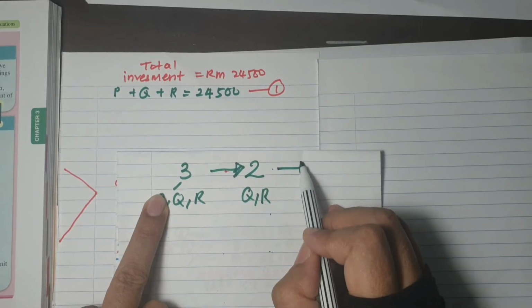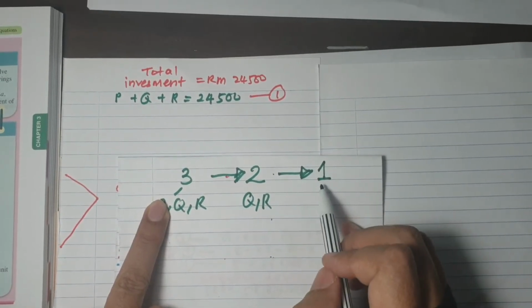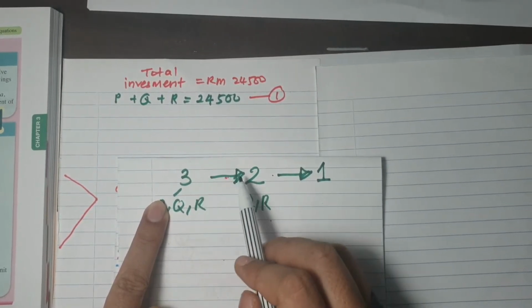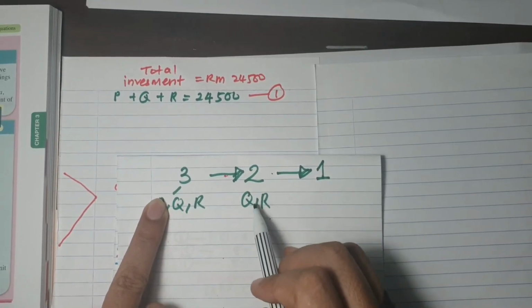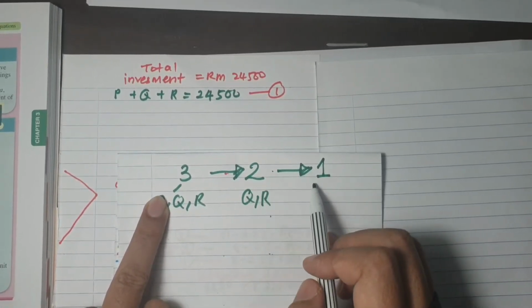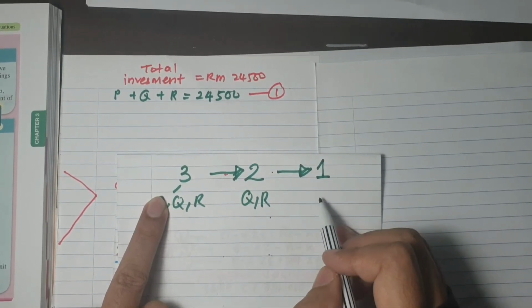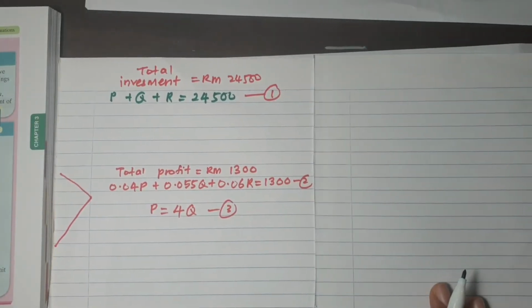And then the next step, we want all the equation in terms of 1 variable. From 3, you make one of the variable as your subject, become 2 variable only, and then from here, substitute one more time. Finally you akan jumpa hanya one variable.